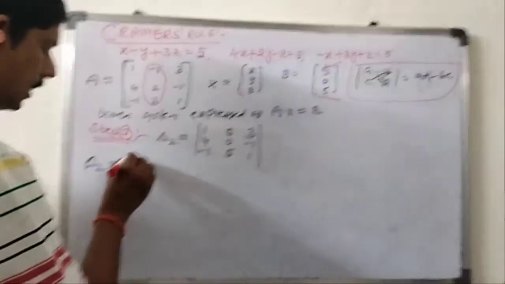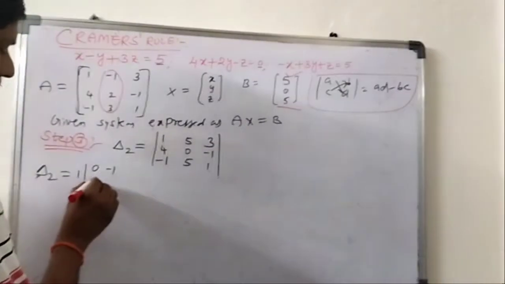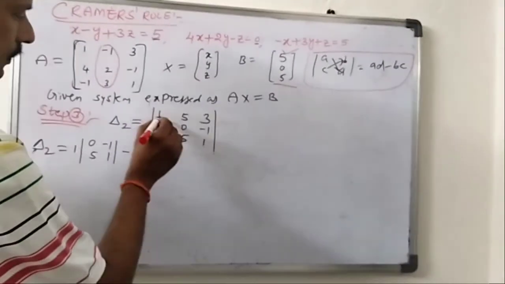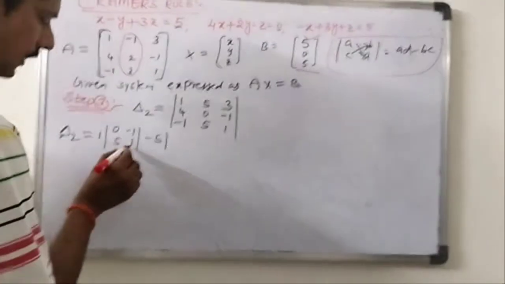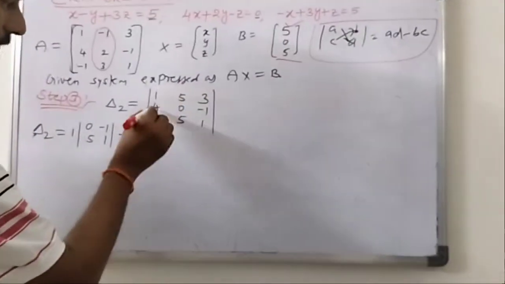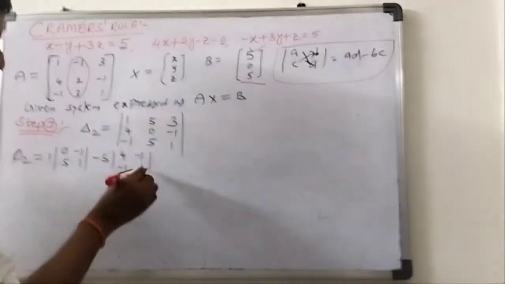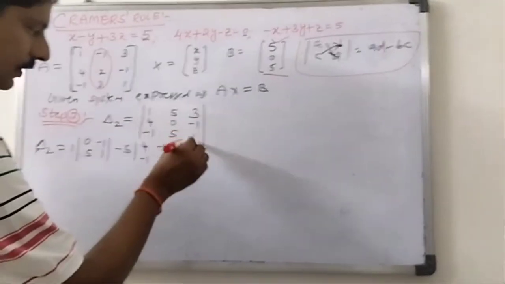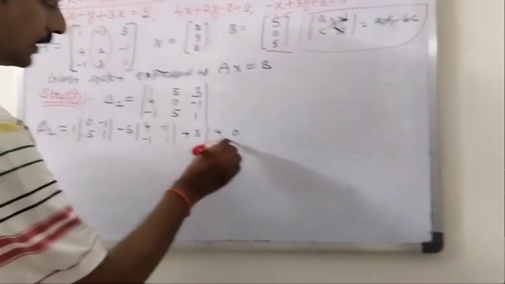So 1 of the determinant of 0 minus 1, 5 1, minus 5 of, by removing this row and this column you get 0 minus 1, 5 1. Okay, minus 5 of, by removing this column and this row, 4 minus 1 and 1. Okay, plus 3 of, removing this column and this row, 4 0 minus 1 5.